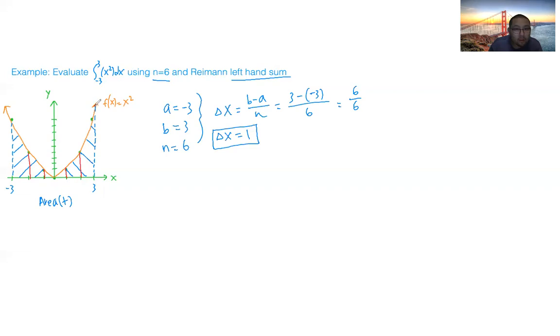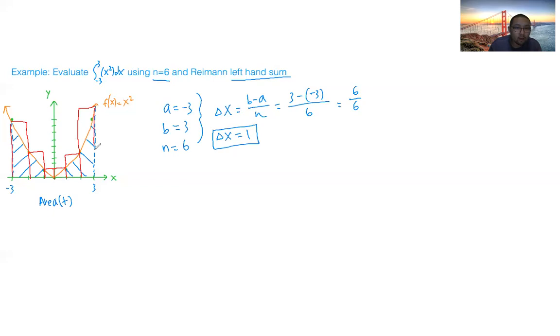Essentially we're going to have one here, 2, 3, 4, 5, 6, right? 1, 2, 3, 4, 5, 6 subintervals.